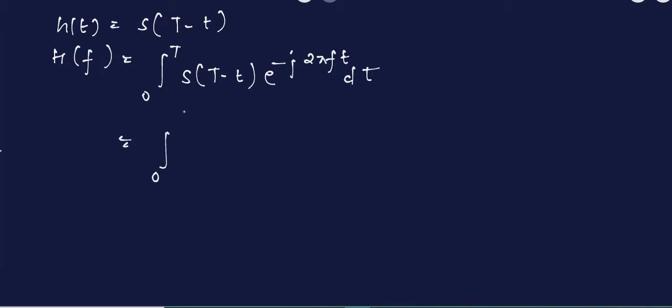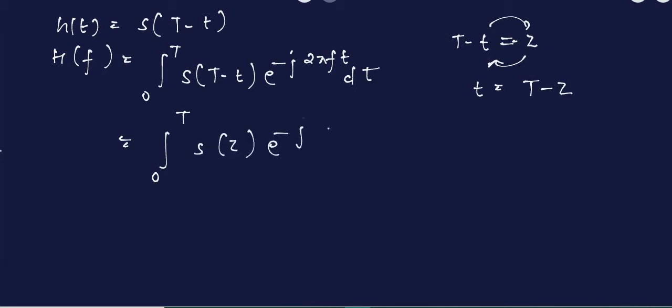Further solving this, if I take T minus t as tau, then t will be replaced by T minus tau. So s(tau) e to the power minus j 2 pi f (T minus tau) d tau has been solved.